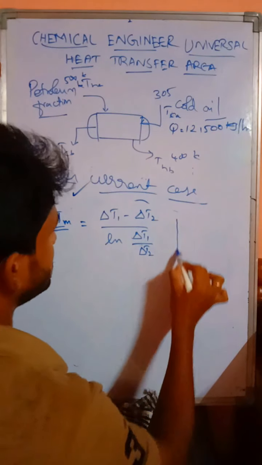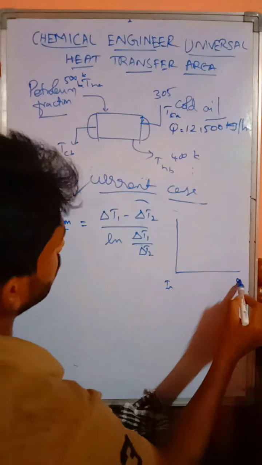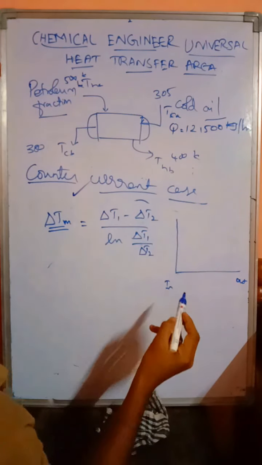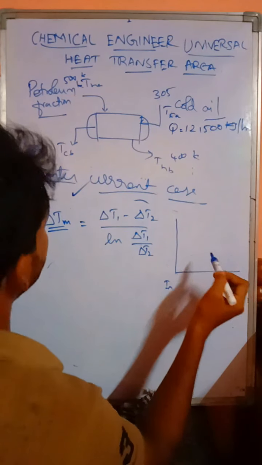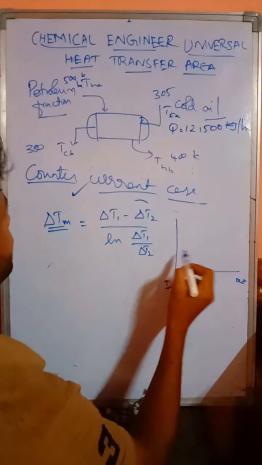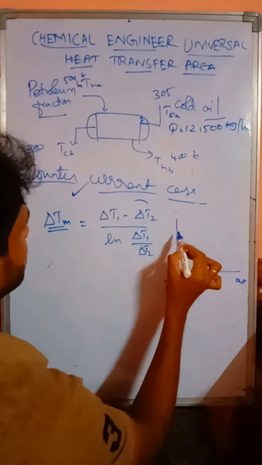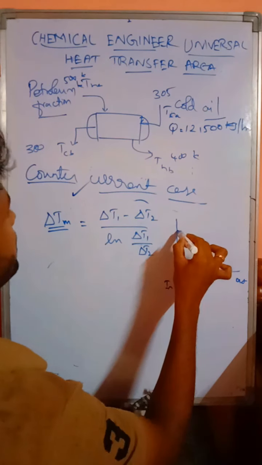So just draw a graph. This is the inlet, this is the outlet, and here the temperature. For the cold oil, 305 is the inlet because it is counter current direction. Take the outlet of cold oil as 380.